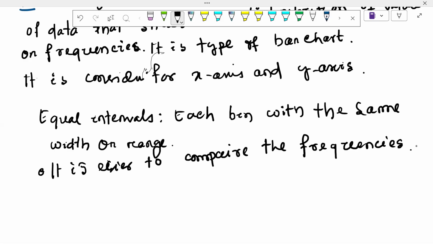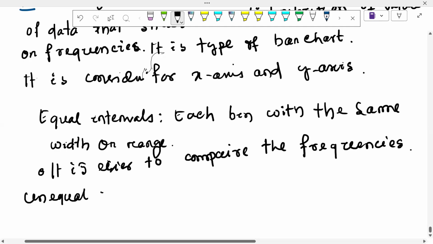Unequal intervals. Case one is equal intervals and case two is unequal intervals.